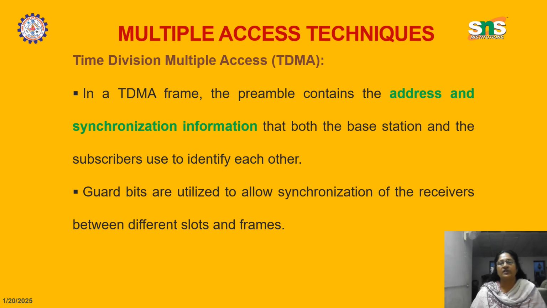So the preamble always contains address and synchronization information, so address where the packet has to go. Guard bits are utilized to allow synchronization of receivers between different slots and frames.